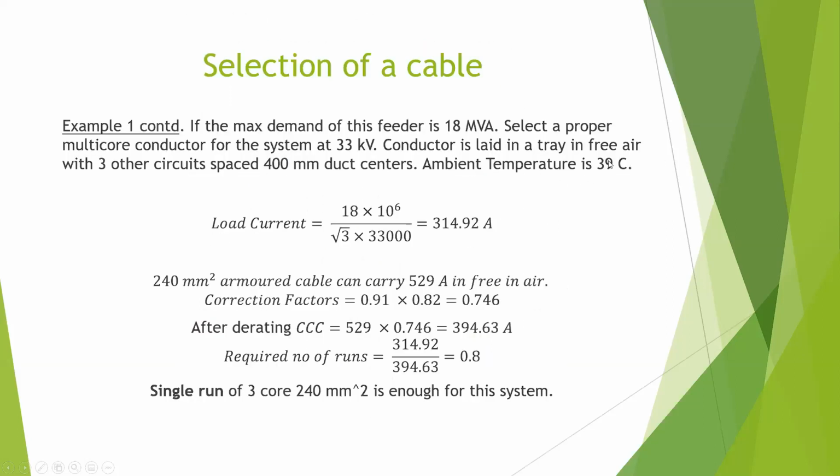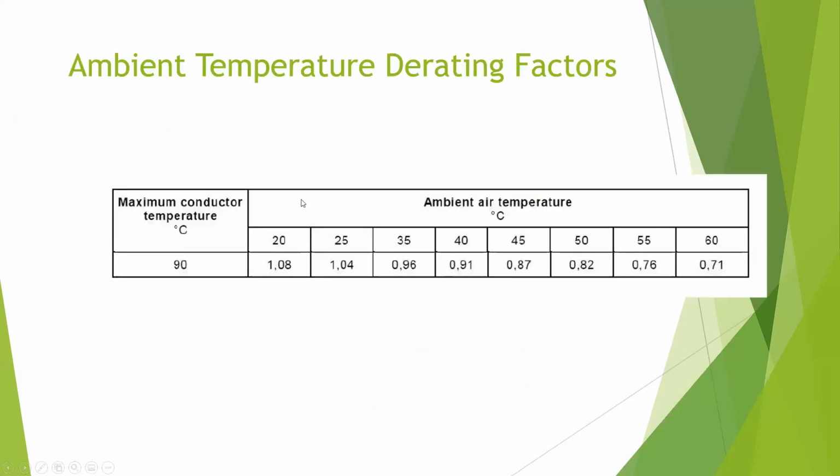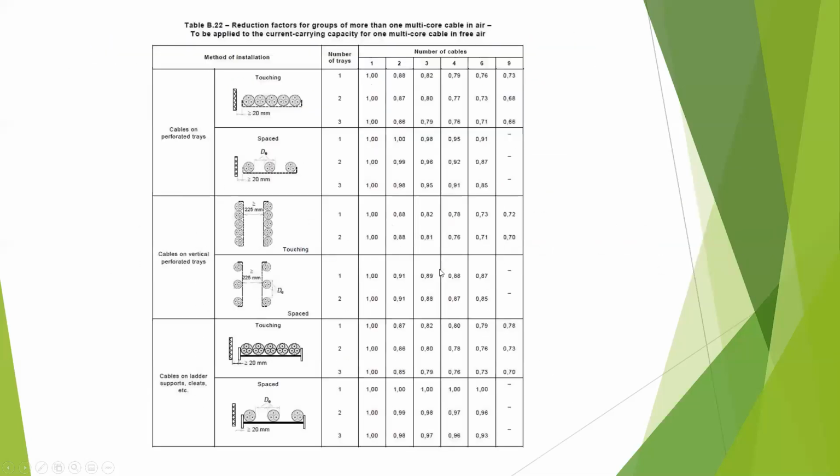Our ambient temperature is 39, and we do not have a correction factor for 39C. So we go to the ambient temperature correction factor table and get the next value, which is 40. So you are going to design the conductor for 40C, and the correction factor will be 0.91.